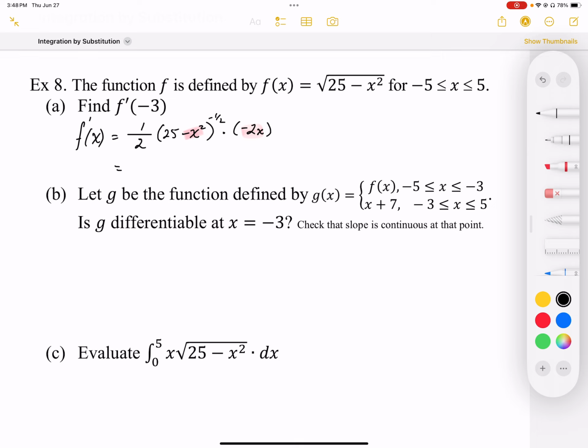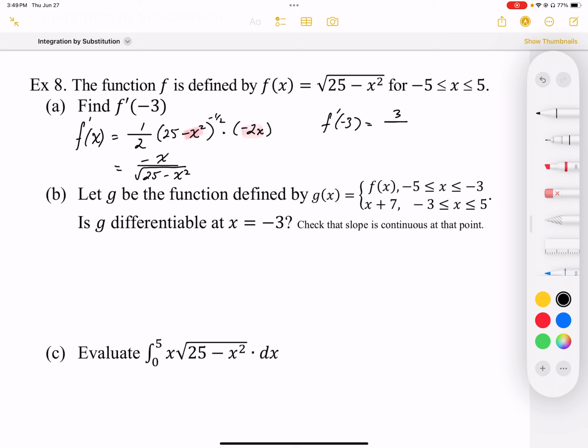So when I simplify this expression, I'm going to end up with the 2's canceling out. So I end up with -x on top, and in the denominator, I'm going to end up with the square root of 25 minus x squared. So there's my derivative. And then evaluating that derivative at -3, I'm going to plug -3 into here.